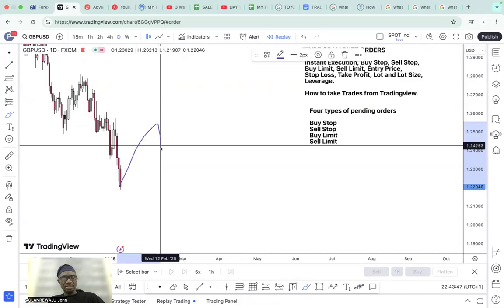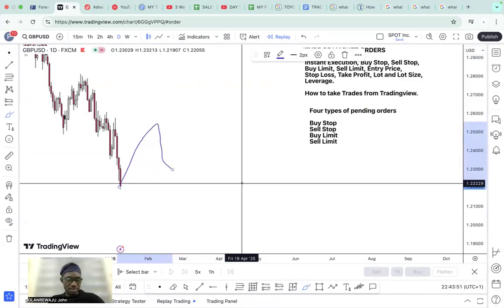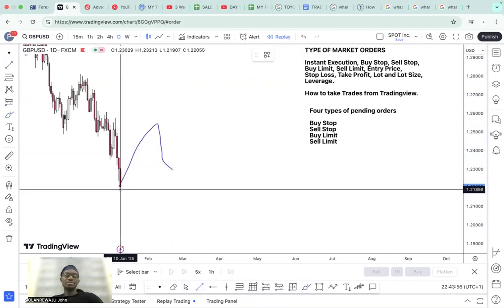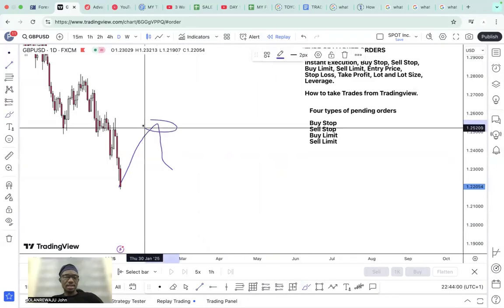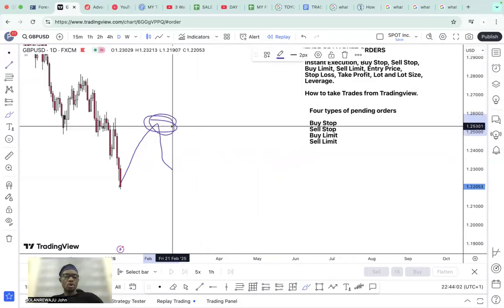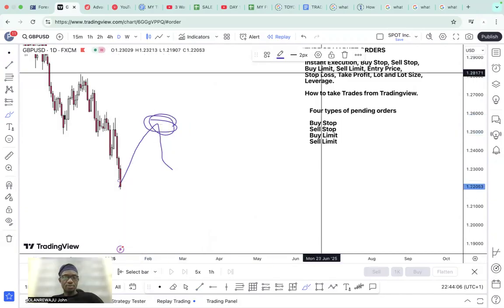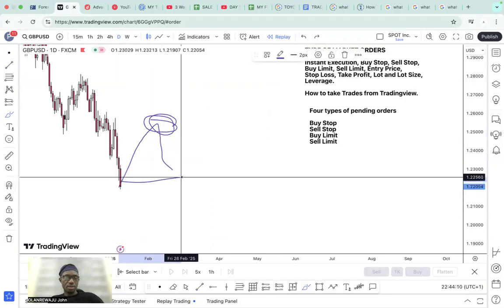Once the market starts coming down, since I'm selling, I'm in profits. I don't know how far the market may go, but once you pick me up over here for a sell and the market begins to go in my direction, once the market gets to this pricing level, please take my profits for me.